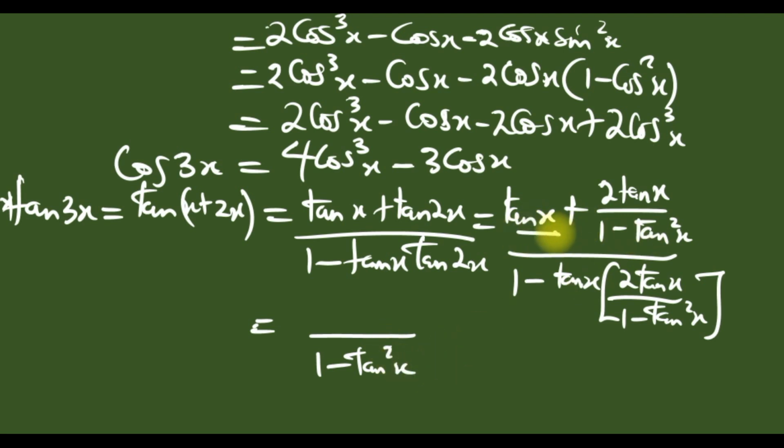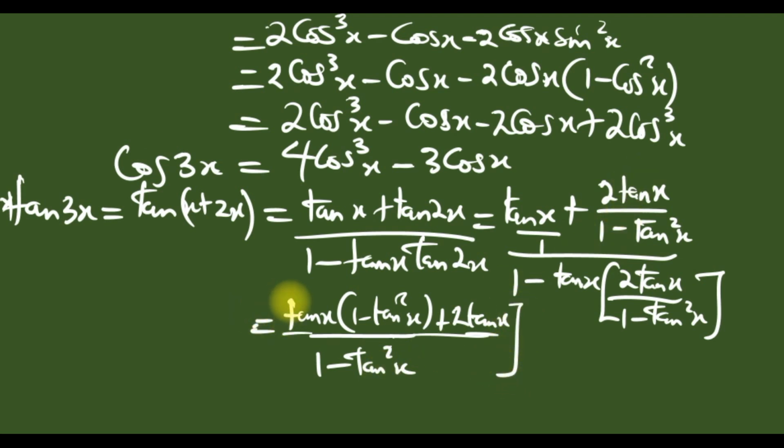That's the LCM of 1 and that, and 1 and 1 minus tan squared x. This in this is 1 times that, so we'll have tan x times 1 minus tan squared x plus 2 tan x.